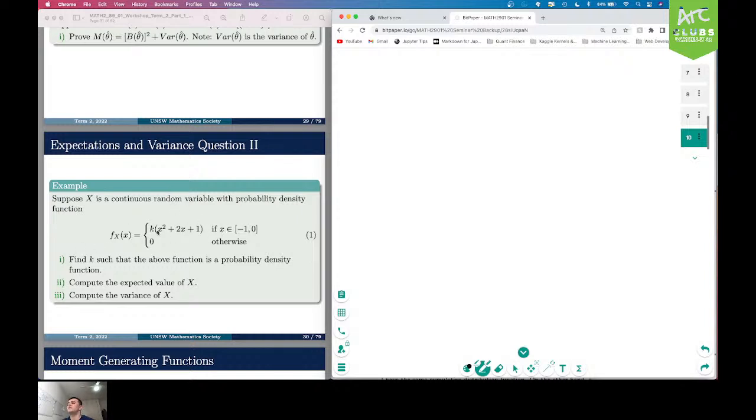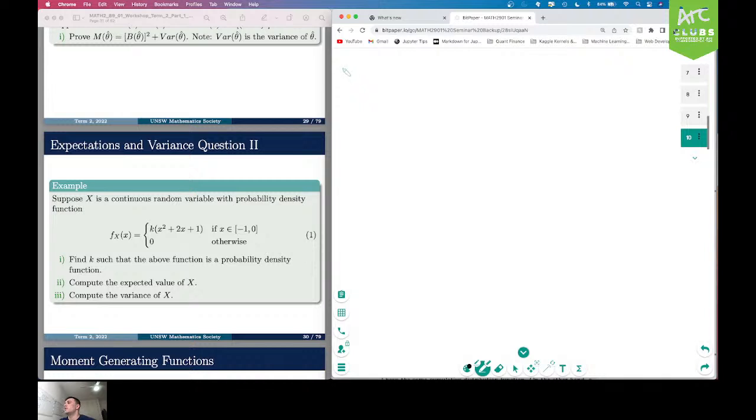What we have to do is find a k such that this probability density function is valid. What I mean by that is that if we sum all the probabilities up together, it has to equal 1. We can't sum up all probabilities and have it not equal 1, because then it's not a probability density function.